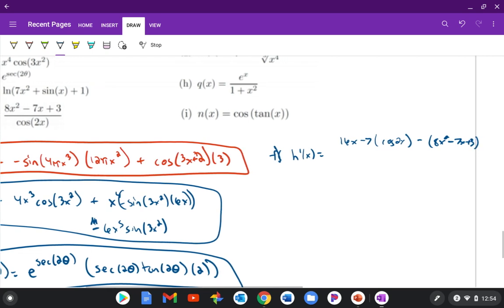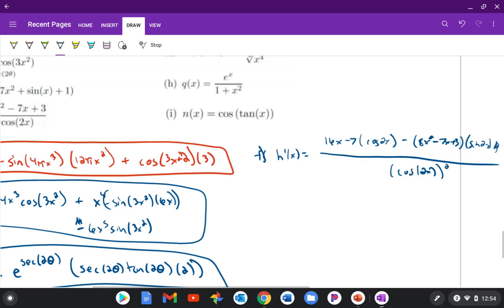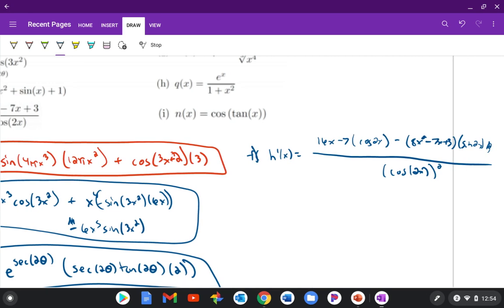The derivative of cosine of 2x would be minus sine of 2x times 2, over the bottom squared. And I'm not going to reduce that. That's okay for now.